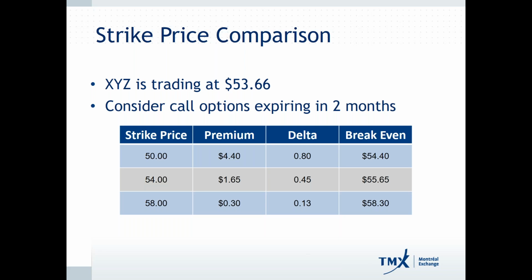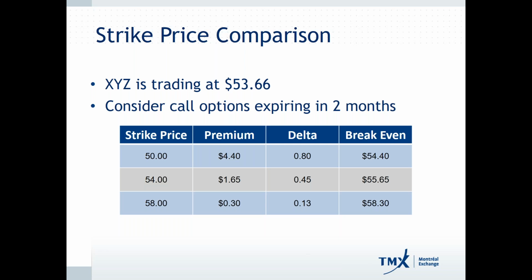So the stock's at 53.66, and this investor has the right to exercise at 54. So if you take the $54 price of purchase and this option costing $1.65, the break even on the upside if held till expiration is $55.65. And so you can see the break even is higher with that call option.